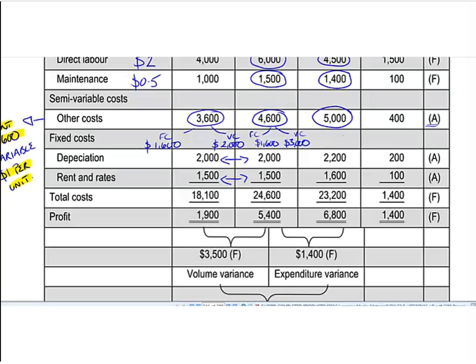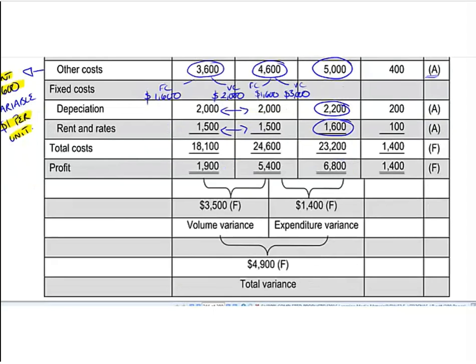Now if we compare our actual results to the budget, we actually had depreciation of 2,200 compared to a budget of 2,000, so therefore an adverse variance of 200. And finally, we actually had renting rates of 1,600, again resulting in an adverse variance of 100.